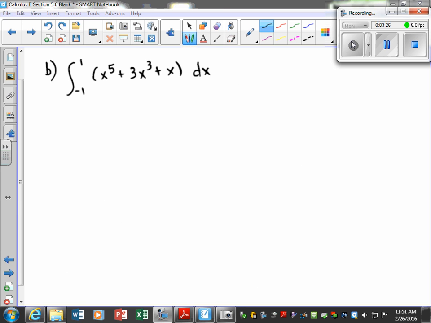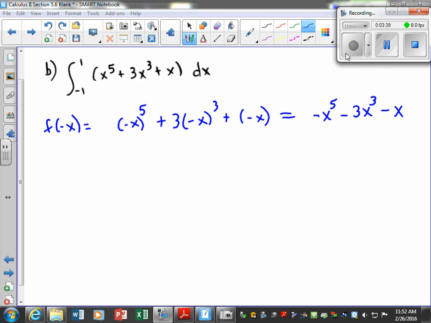Okay, this is our next example. It's negative 1 to 1, so it fits our property. We need to test to see if it is going to be even or odd. So that's the first thing I want you to do. Okay, when I evaluate this, f of negative x, everywhere there's an x, plug in negative x and then simplify. I get negative x to the 5th, which is opposite, negative 3x to the 3rd, opposite, negative x, opposite.